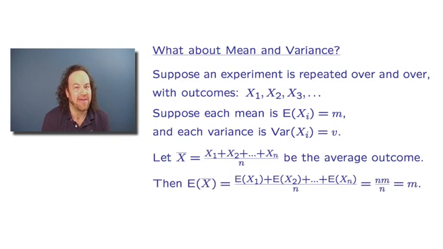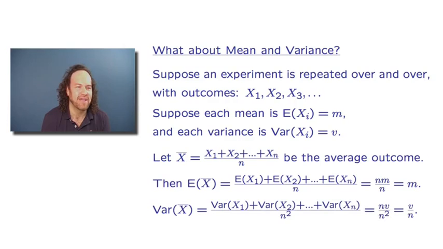It's the same on average. It's like the average of the averages is the same as the averages, if you want to think of it that way. But what about the variance? That's a little more interesting. So the variance of x bar, well, if you remember your properties of variance, since we're repeating these experiments independently, the variance of that sum is just the sum of the variances, so it's n times v.